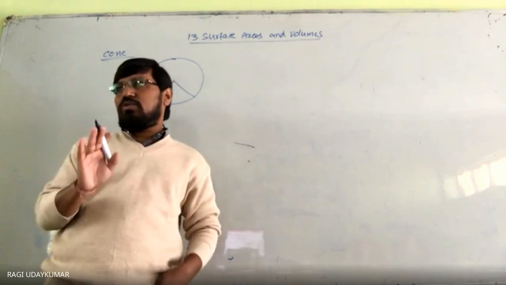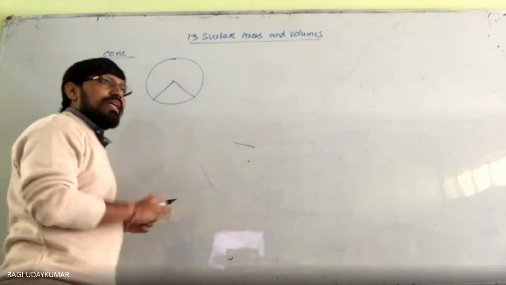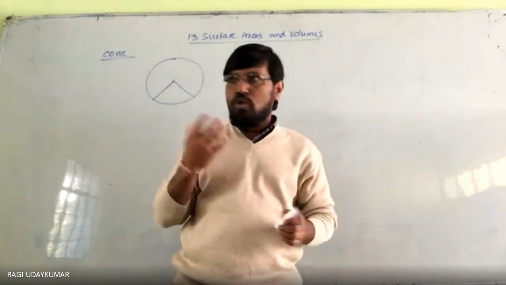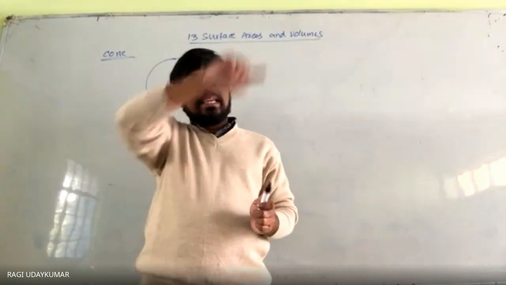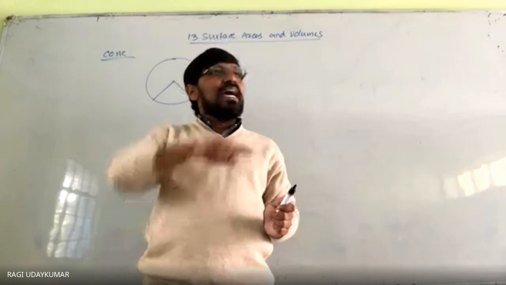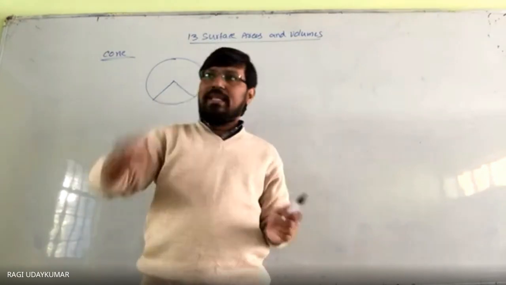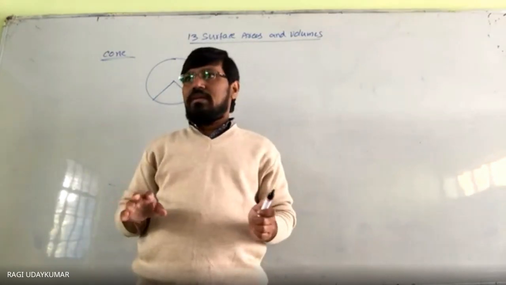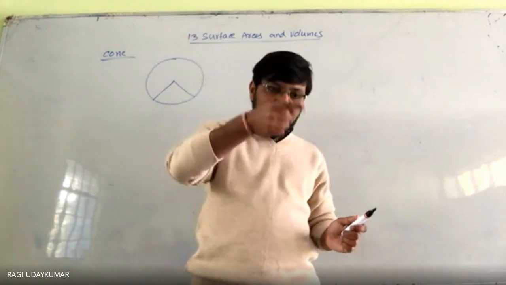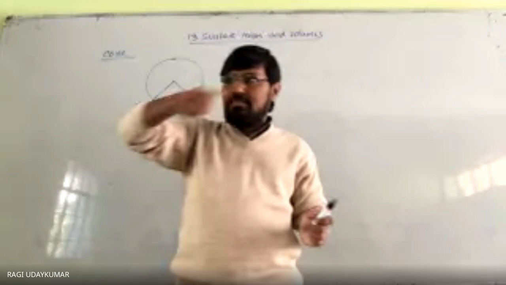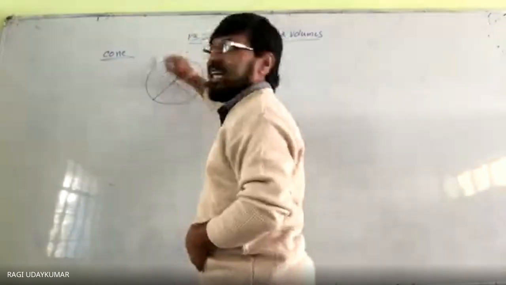You can try this at home. When you try it practically, it is useful and you come to know. Take a circular paper or any cardboard paper, and cut a sector, a little lengthy sector, the major sector.